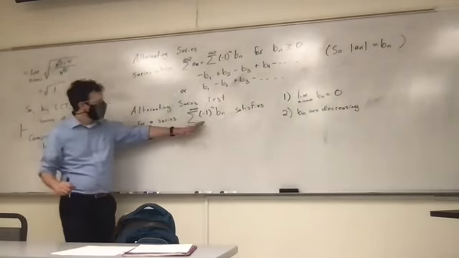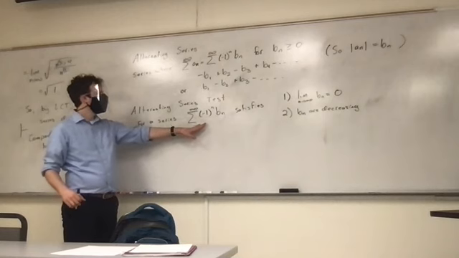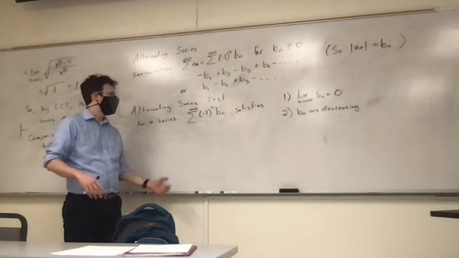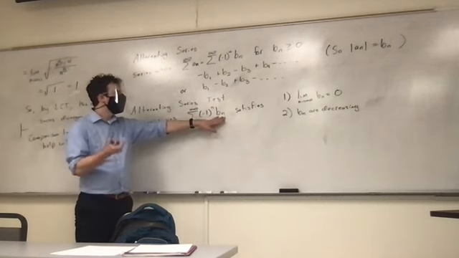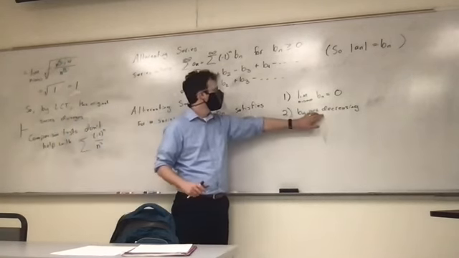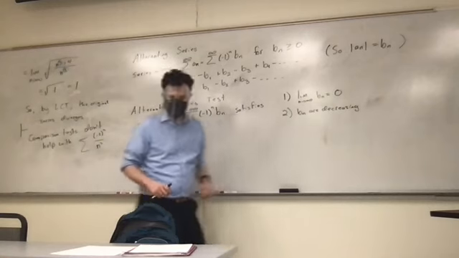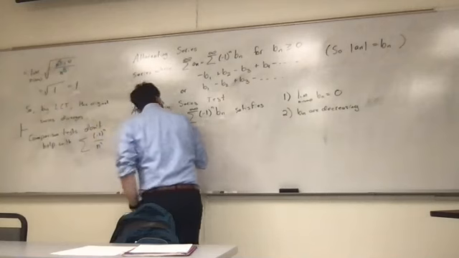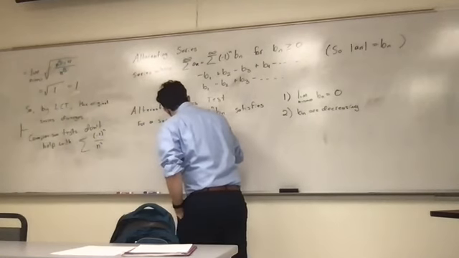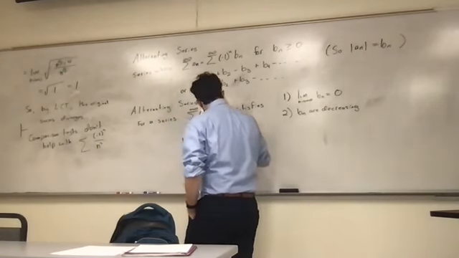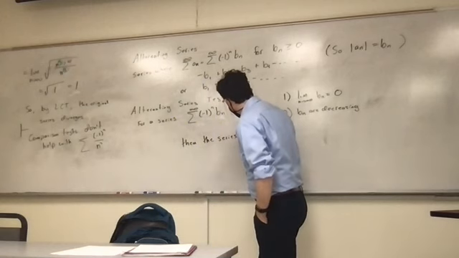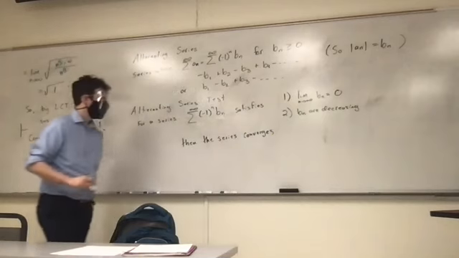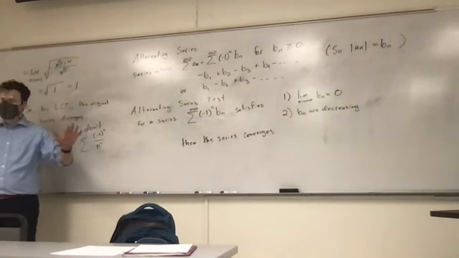So if you're given a series, the alternating series test says, forget about the alternating part. We're not really going to do anything with that. Just look at the main part of the sequence, and is it decreasing, and does it converge to 0? If it has those two properties, then the series converges. And that's all there is.